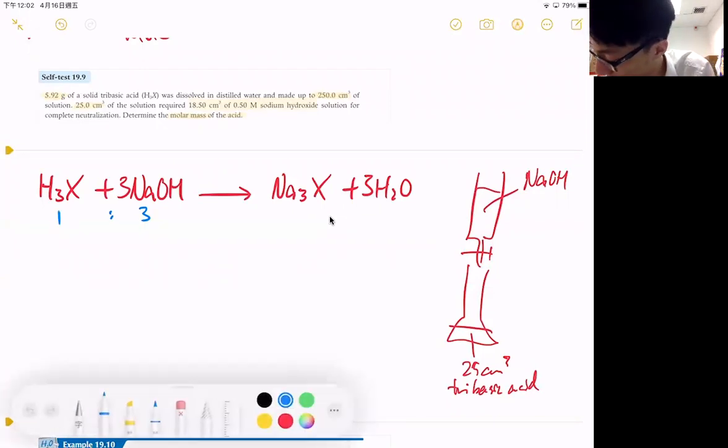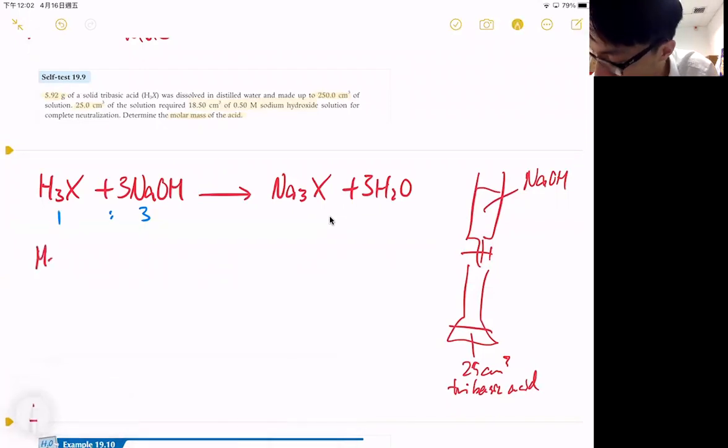First of all, what you need to do is calculate the number of moles of the alkali used. We have the volume and we have the concentration.